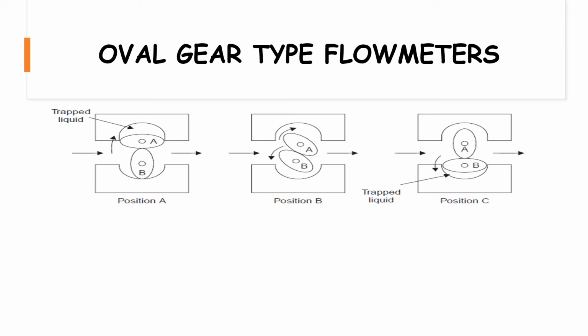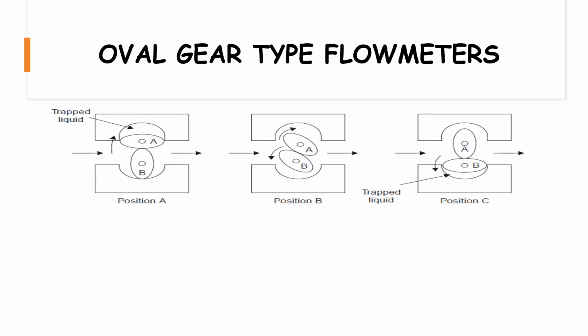As the fluid that was entrapped between gear A and the body simultaneously leaves the area of entrapment, the higher upstream pressure opposes the lower downstream pressure at the ends of gears A and B, which makes gears A and B continue rotating clockwise and counterclockwise respectively to position C. In position C, a known amount of fluid has been entrapped between gear B and the meter body.